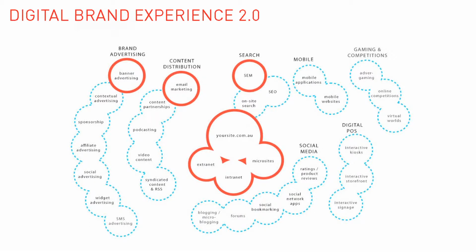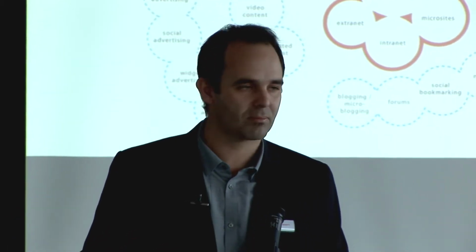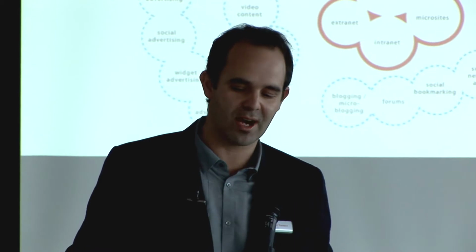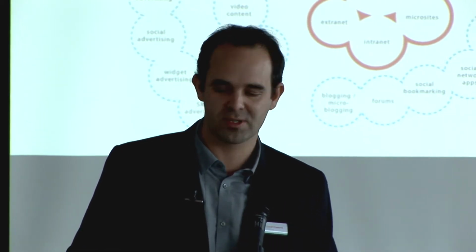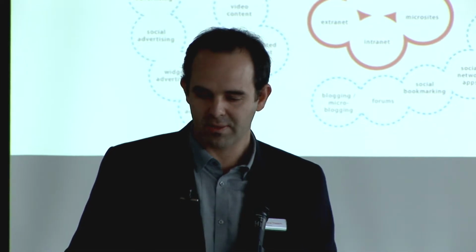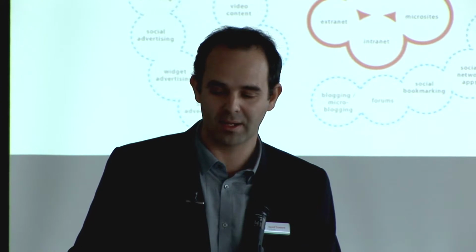And we see this digital ecosystem continuing to split and divide and extend as new generations come through and adopt the internet for their own purposes that are important to them.